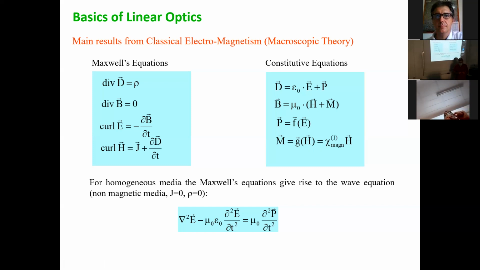Okay? Now, in your general physics courses, you have only one example that shows you the difficulty of relating the field to the magnetization. And this is when you studied the ferromagnetic materials.